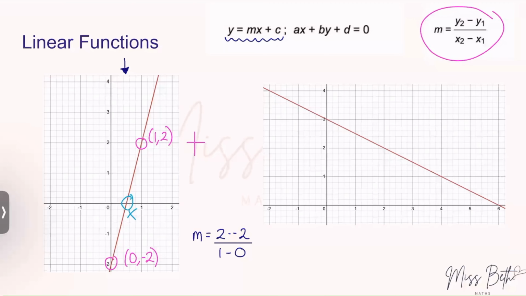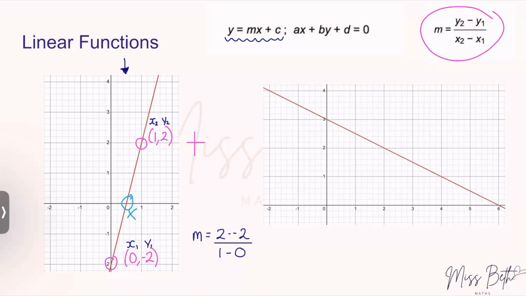It doesn't, as long as your x1 and y1 are the same coordinate. Let me label which way round I did it: this was x2, y2, and this was x1, y1. The x2, y2 has to be together, and so forth with x1, y1.